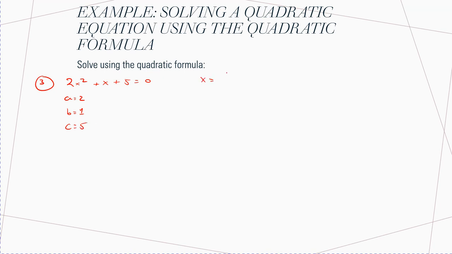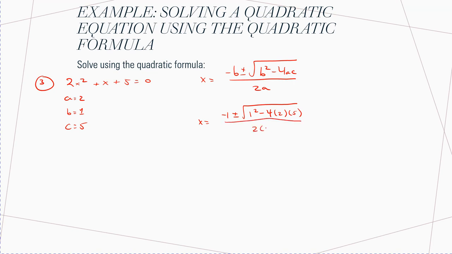So x is equal to negative b plus or minus the square root of b squared minus 4ac all over 2a. So x is equal to minus 1 plus or minus the square root of 1 squared minus 4 times a, which is 2, times c here, which is 5, all over 2 times 2.